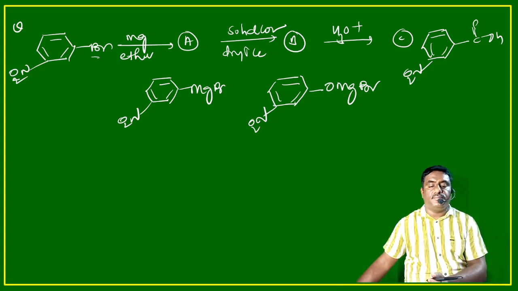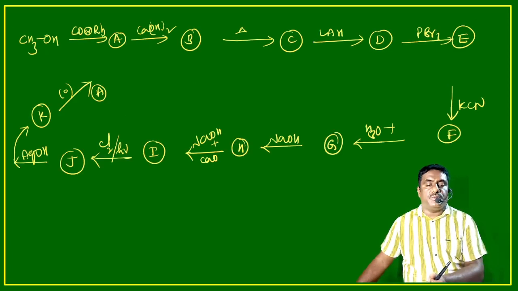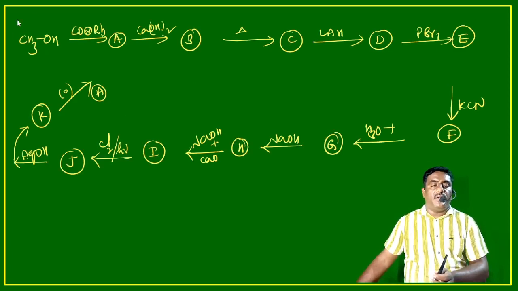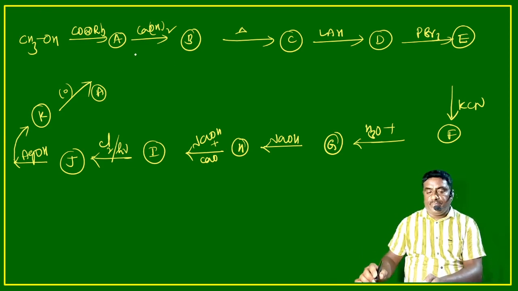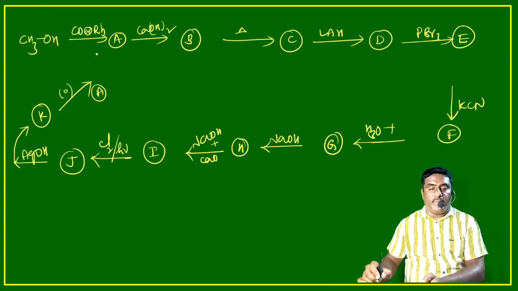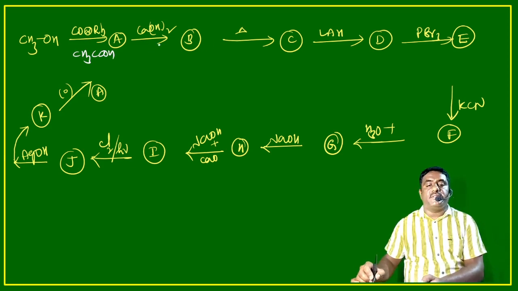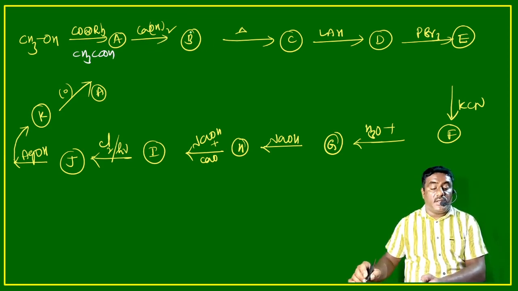Have a look at the next question. Methanol in the presence of rhodium metal or cobalt metal forms what? Methanol, alcohol, to form CH3COOH. Carboxylic acid in the presence of calcium hydroxide forms calcium acetate, (CH3COO)2Ca.